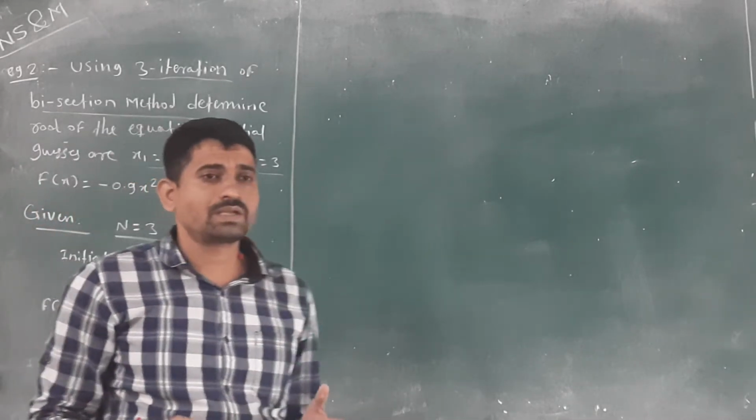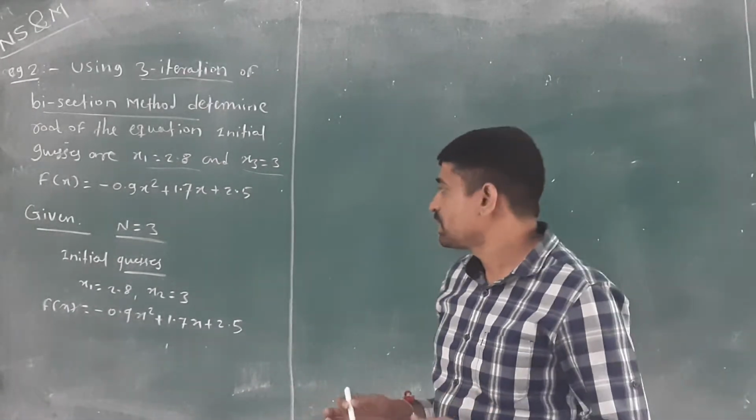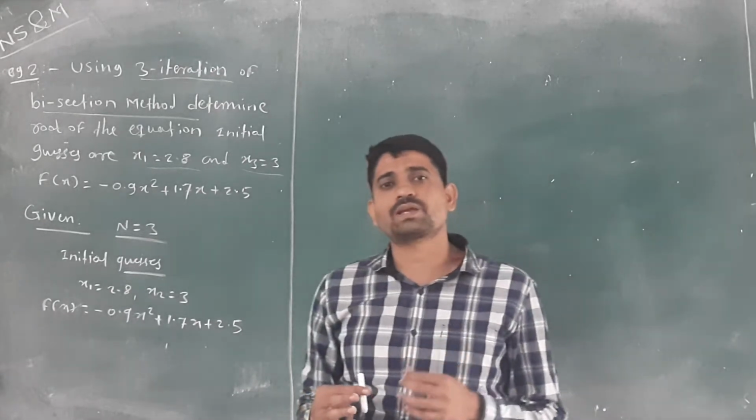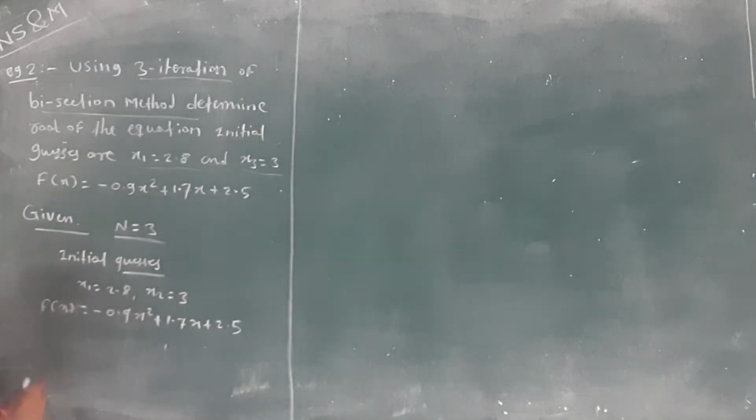Then we know that there are 5 steps. Even if the initial guesses are given, you have to apply step number 1. What is step number 1? We have seen it in the last lecture.